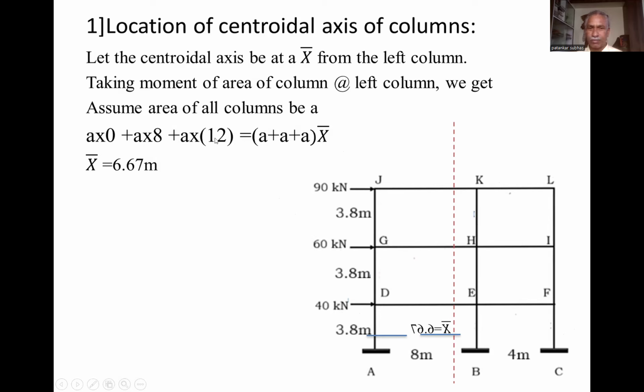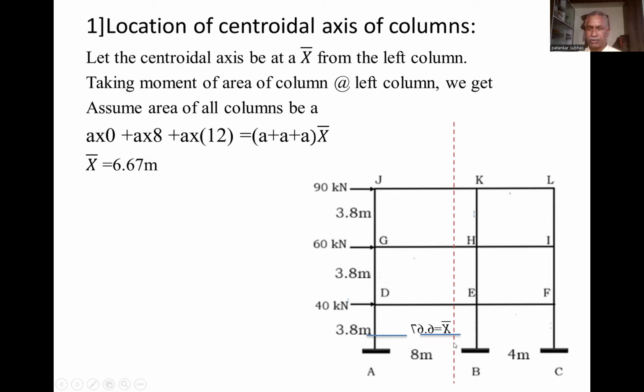So A multiplied by 0, A multiplied by 8, and A multiplied by 12 is the moment about this line. We have applied Varignon's theorem, so it is equal to the area of all three columns, A plus A plus A, multiplied by the resultant CG of the frame, x bar. From this we get x bar equal to 6.67.